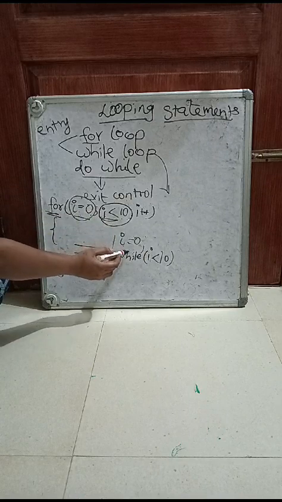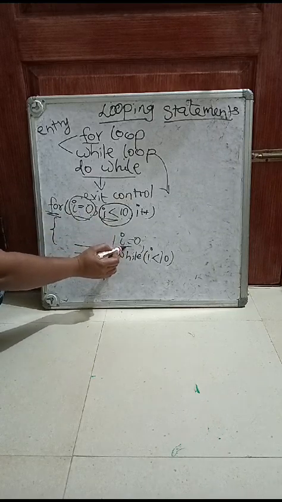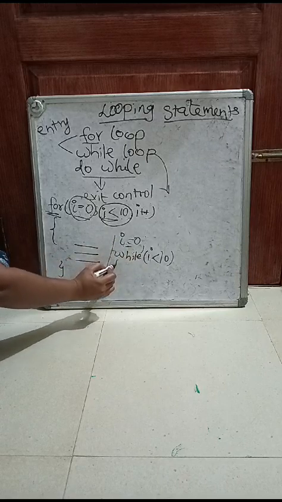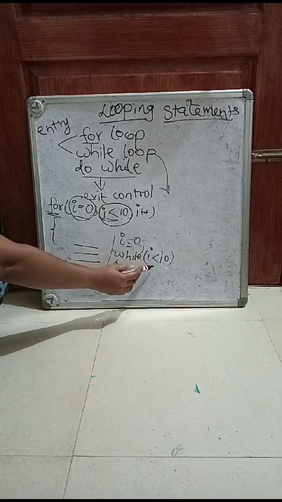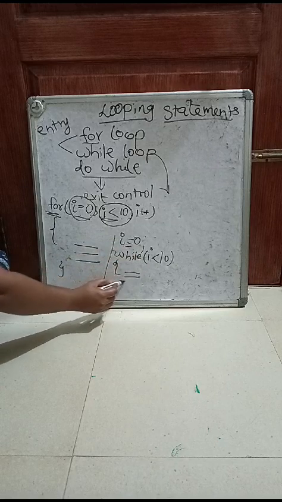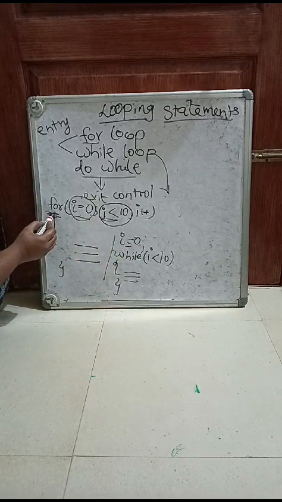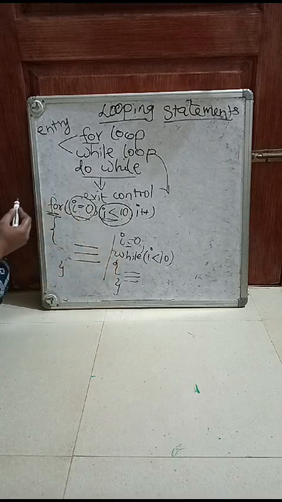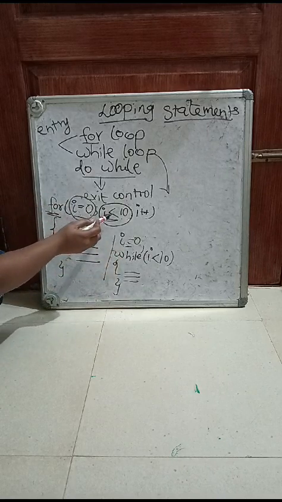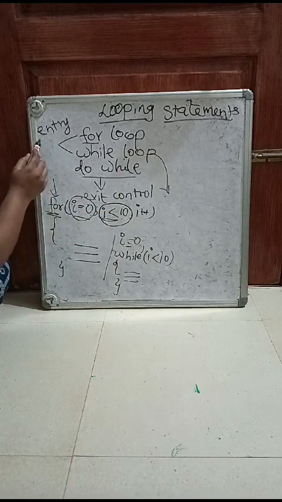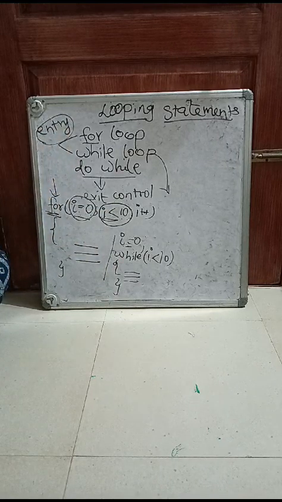If it is a while loop, I have initialized before the while loop, and after that I check the condition. If the condition is true, it is going to execute the following statements. So both for loop and while loop check the condition at the entry level itself, so we say it is an entry control looping statement.